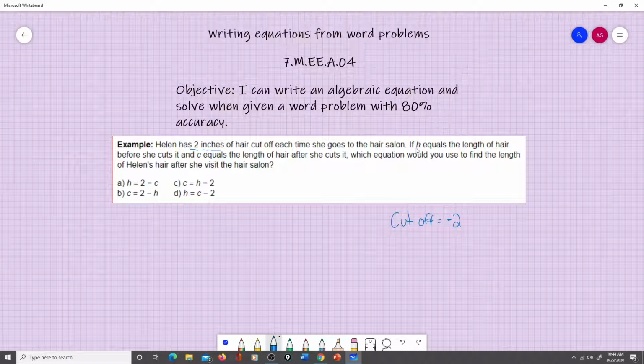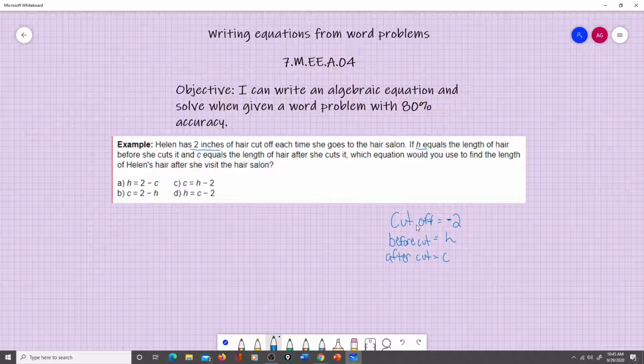And then it says h equals length of hair before cut. So before cut should be our h value. And c is the length of hair after she cuts it. So after cut would equal the c value, right?